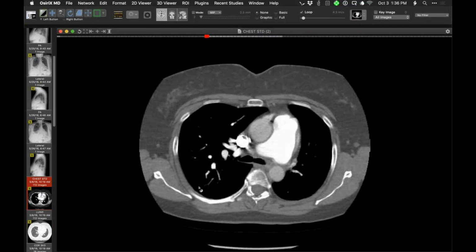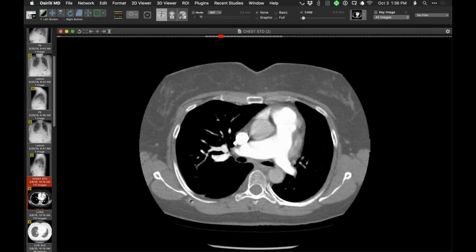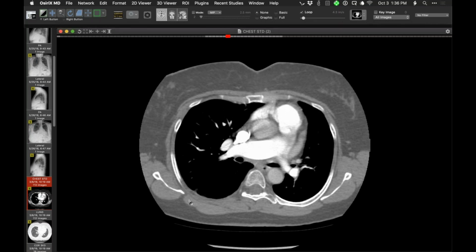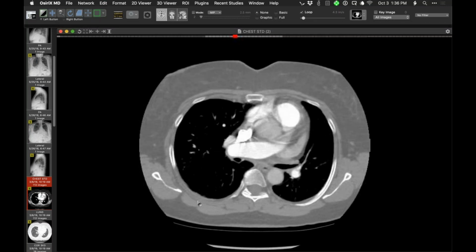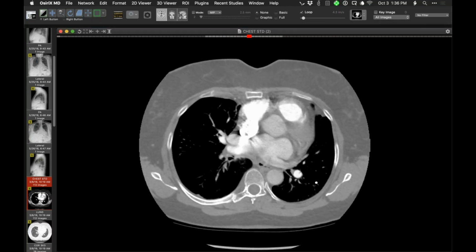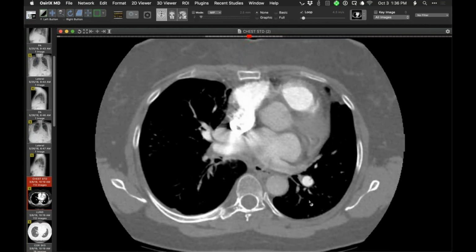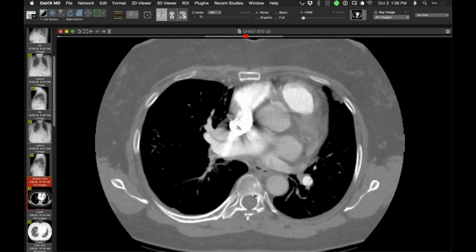So dilated pulmonary artery, but as I scroll down, we'll look for webs and stenoses and other vascular findings. So let's go down, and first on the left side, here is a nice web in the left lower lobe pulmonary artery here. Let me just try to bring that out for you.